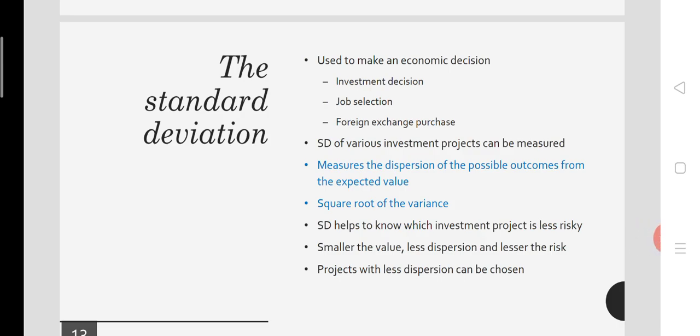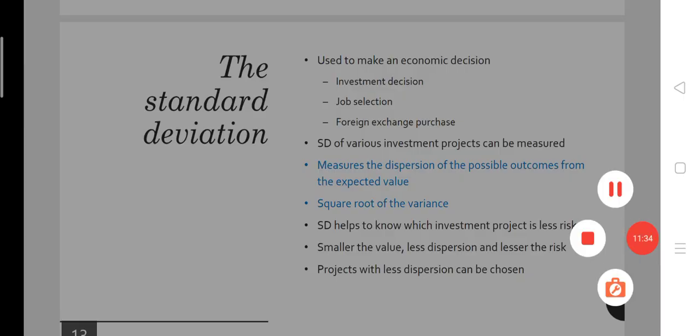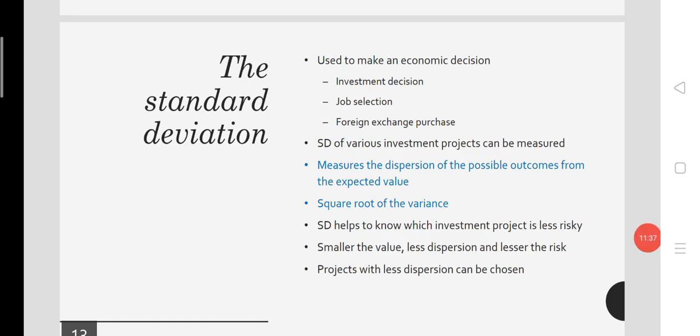We need to find out the standard deviation or variability of each outcome from both investment projects, investment project A and investment project B. This could be helpful for various economic activities: for making investment choices under the condition of risk, for job selection under the condition of risk, and for foreign exchange purchase or any other purchase having risk.